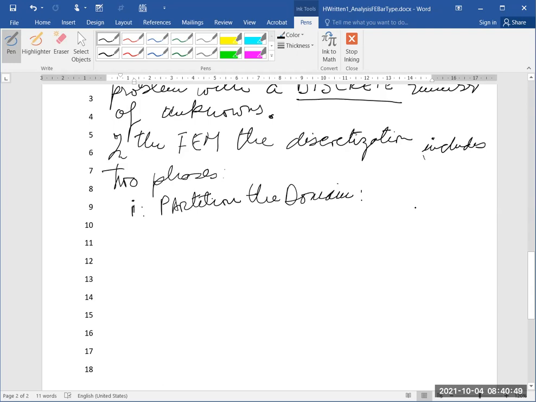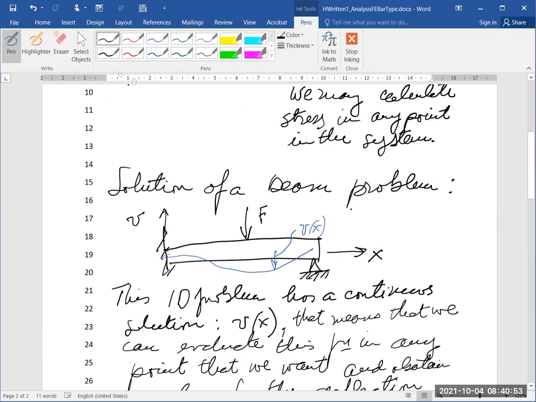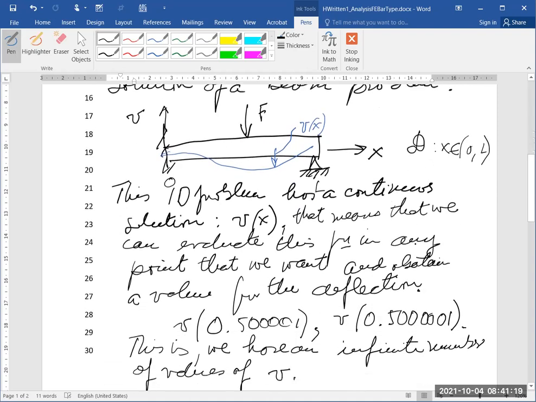So here, for example, in the case of the beam, the domain goes from 0 to L, and we try to find V, which is evaluated or might be evaluated from 0 to L. That's the continuous problem.